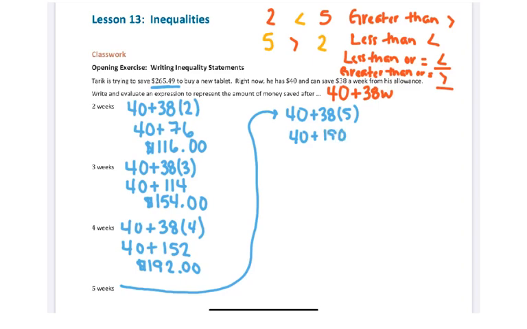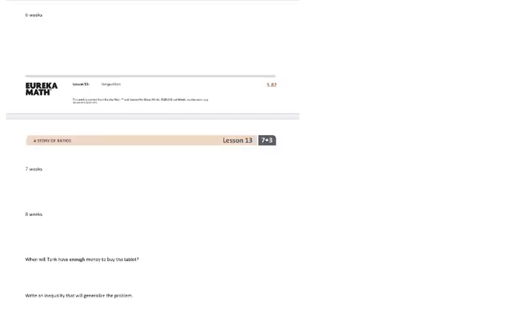So now I have 190 plus 40, which equals $230. So after 5 weeks, he has saved $230, which is still not $265.49.